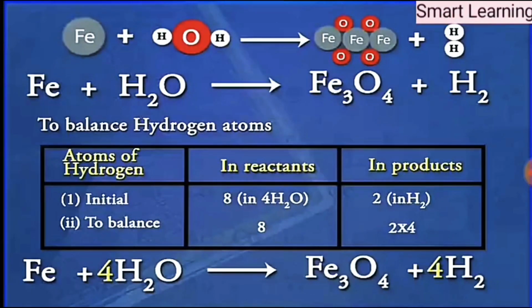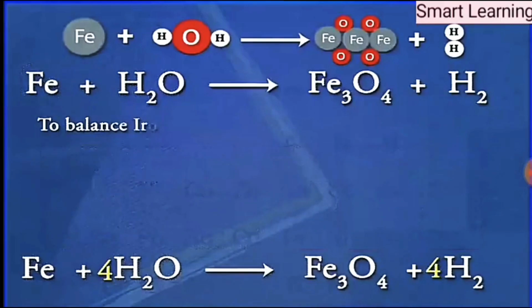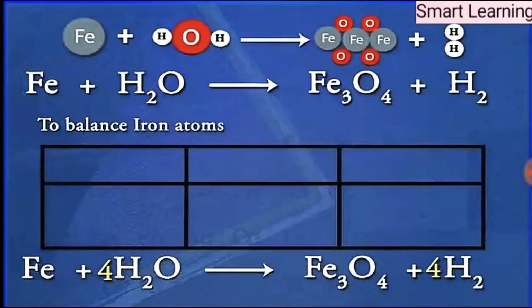Now the one element that is left unbalanced is iron, that is Fe. Atoms of iron in reactants, in products.